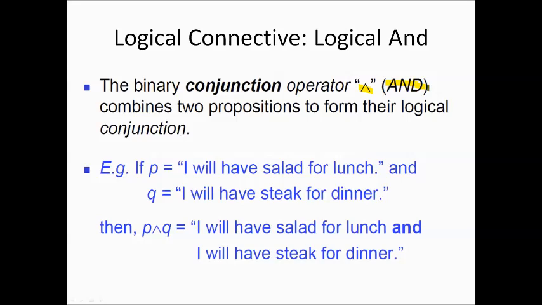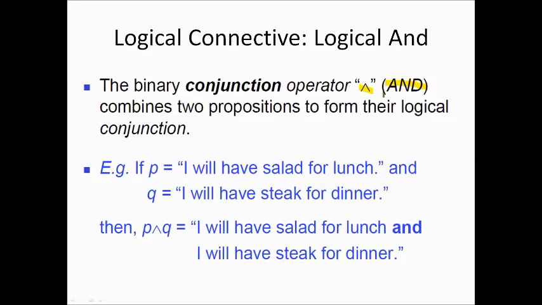The logical and is used to combine two propositions to form a logical conjunction. For example, my first proposition is I will have salad for lunch. That is P. I have a second proposition, which is Q: I will have steak for dinner.